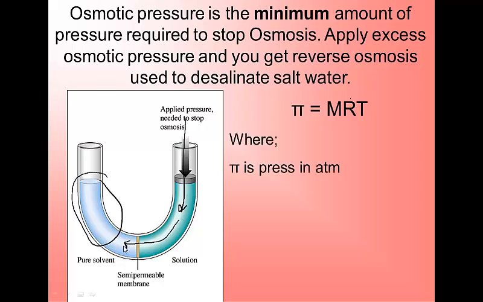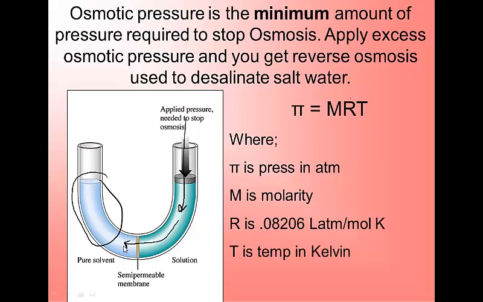It's a pi symbol and it's pressure in atmospheres because the R is our good buddy R from the gas law chapter, so it's going to dictate the units for pressure and temperature. M is molarity, so unlike the other two, freezing point depression and boiling point elevation, which used molality, this is using molarity because this one is not calculating a change in temperature.